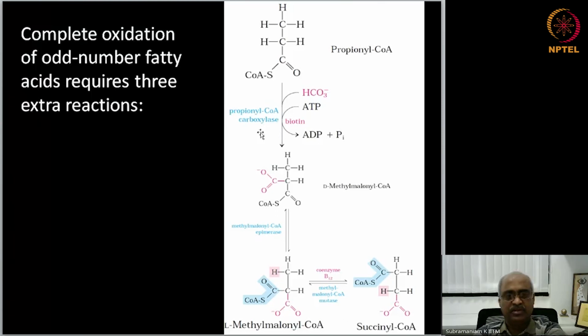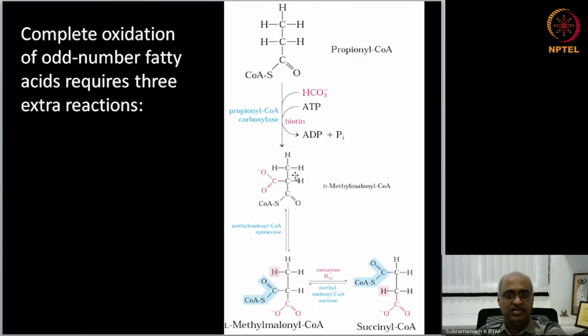This propionyl-CoA carboxylase produces what is called methylmalonyl-CoA. This structure is malonyl-CoA, the two carboxylic acids joined by a methylene group. And then you have a methyl group attached to it, so it is methylmalonyl-CoA.